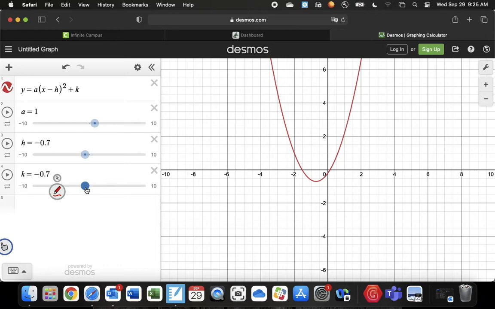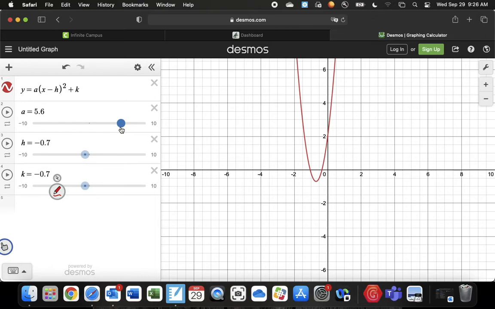The other part is a. And there's actually two effects that a has on the graph. If you take a look, as a gets bigger, what do we notice is happening to the graph? It's getting more narrow. As a gets, so the further away that a gets from 0, then the more narrow this gets. In effect, a is kind of like the slope.